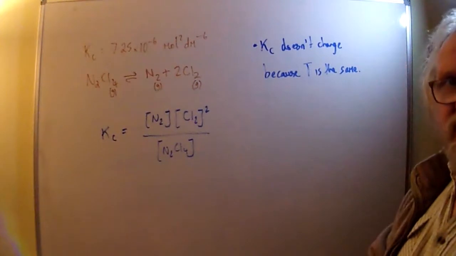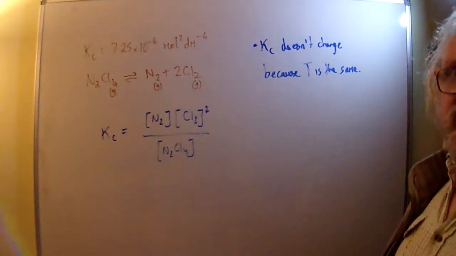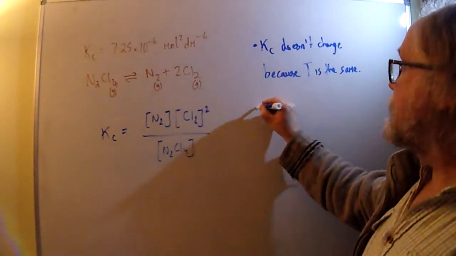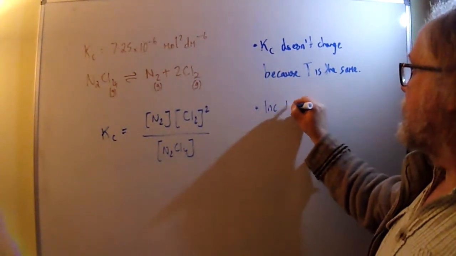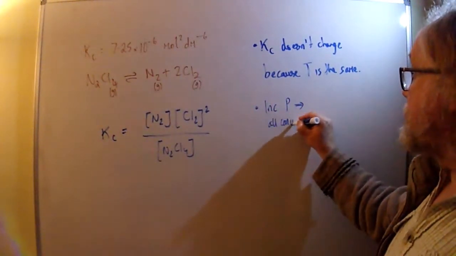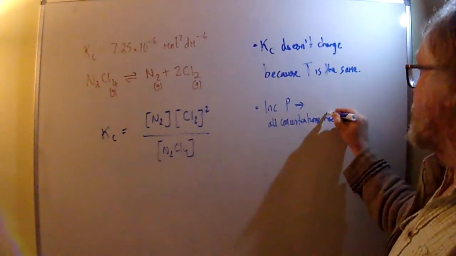Now, increasing the pressure means we're squashing the molecules closer together, and therefore all of these concentrations will rise. So that's worth saying. Okay, so increased pressure will mean that all concentrations will rise, just because the particles are closer together.